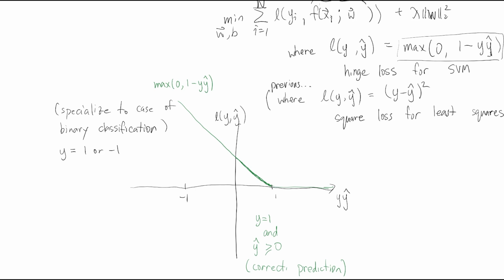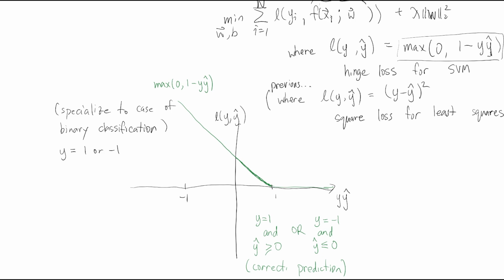So of course we have two different cases for correct prediction, right? The other way is that y equals -1 and y hat is less than or equal to 0. But when you multiply, that's why we're using y hat as the horizontal axis, because it captures both cases when the correct label is 1 and when the correct label is -1.